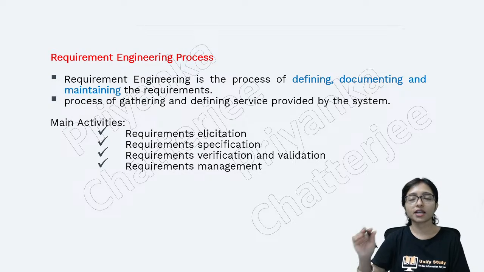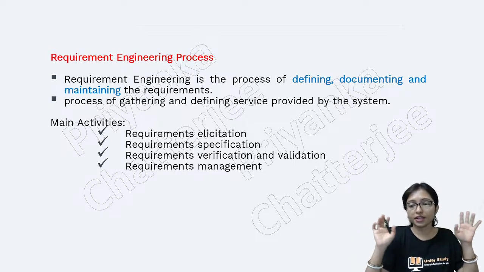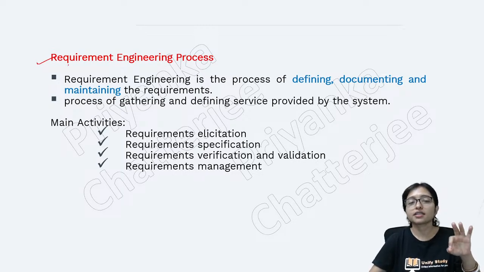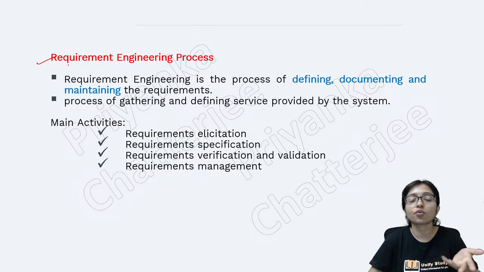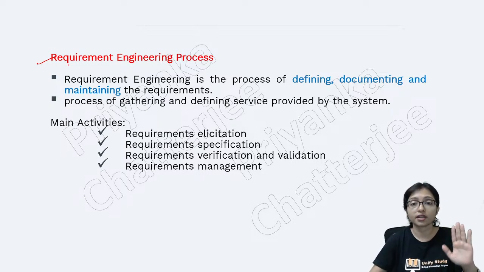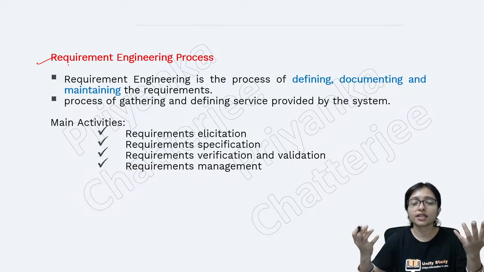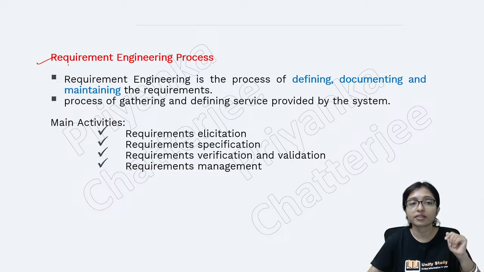Everyone must concentrate and be ready. So requirement engineering is the first step, whenever you gather the requirements from the customer. In SDLC we learned that customer requirement is a very important part. What the customer wants, what the requirement of this software is, that is called the requirement engineering process.